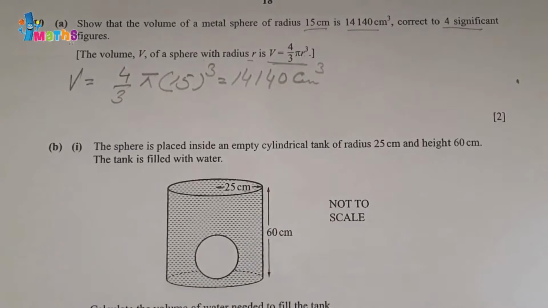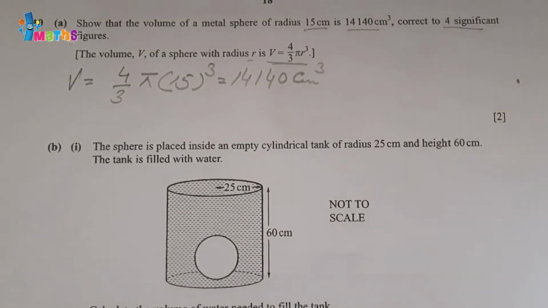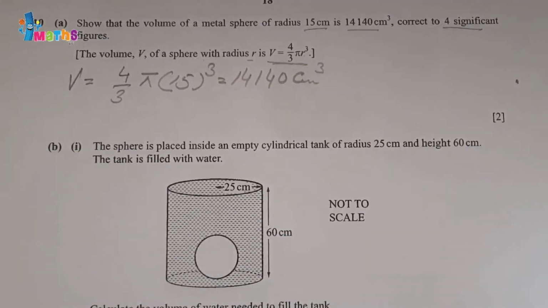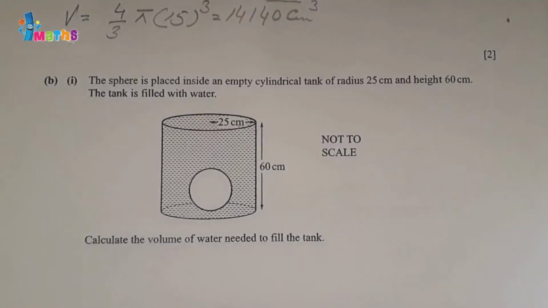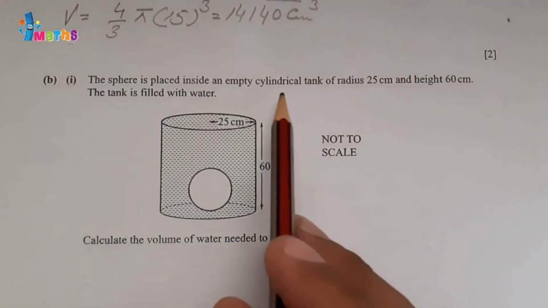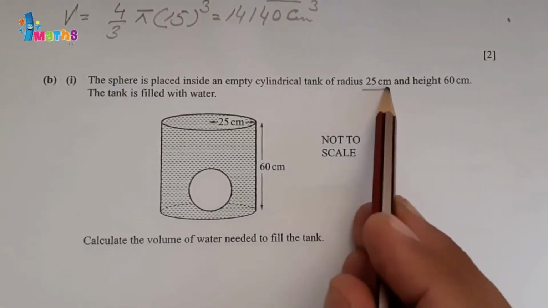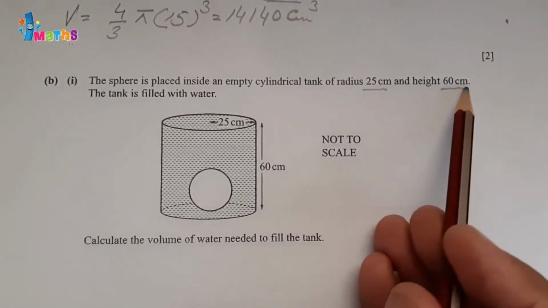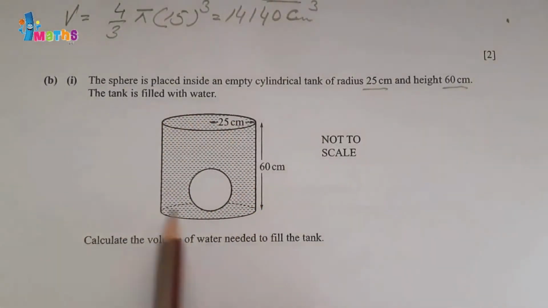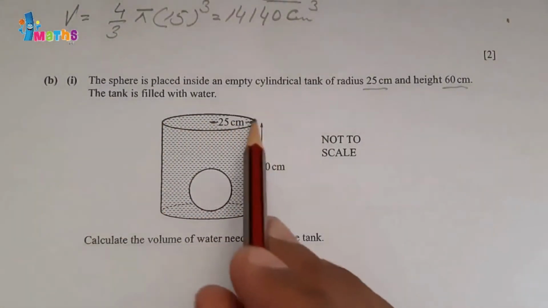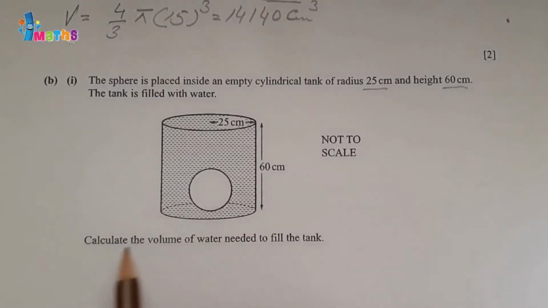This is done. Now B part, B1. The sphere is placed inside an empty cylindrical tank of radius 25 centimeter and height 60 centimeter. The tank is filled with water. Now this is the tank, 25 centimeter radius, 60 centimeter height.